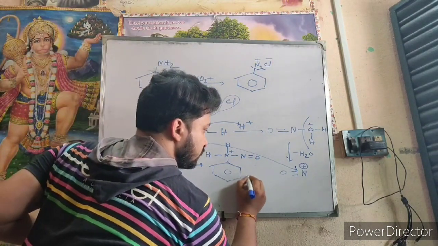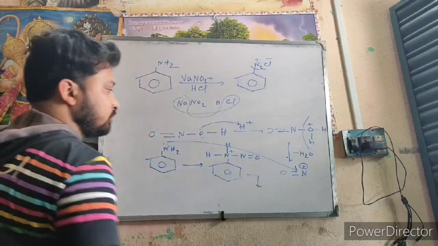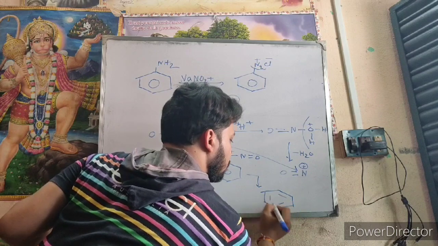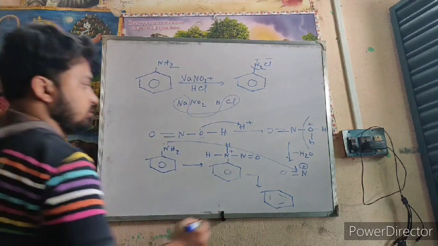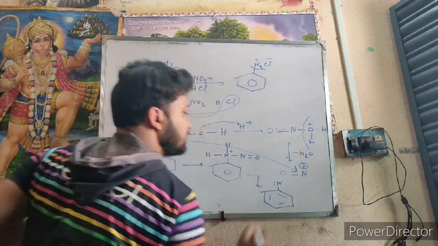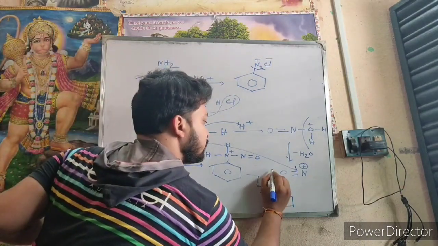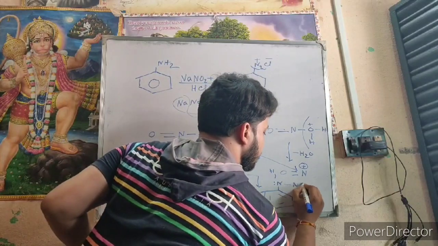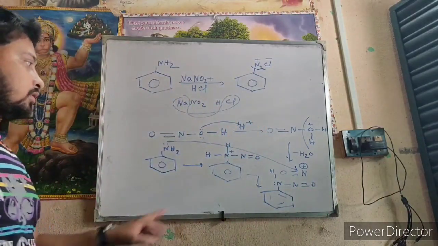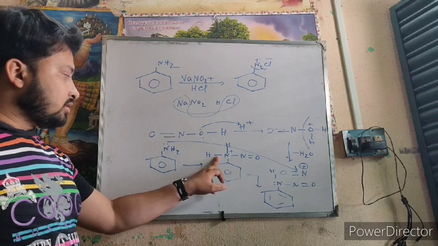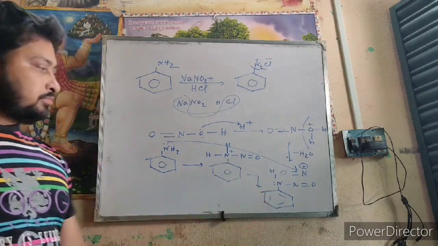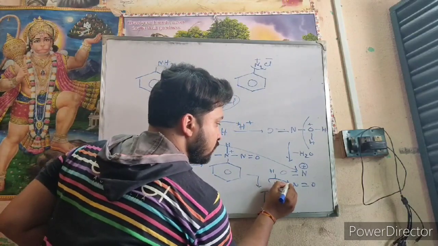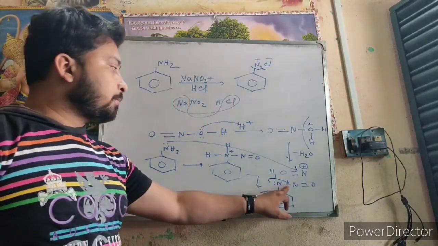Then you get nitrogen with its lone pair, hydrogen, nitrogen and oxygen. We remove this hydrogen, so we get a lone pair. A lone pair wants to make a bond, and it goes here to make a bond.